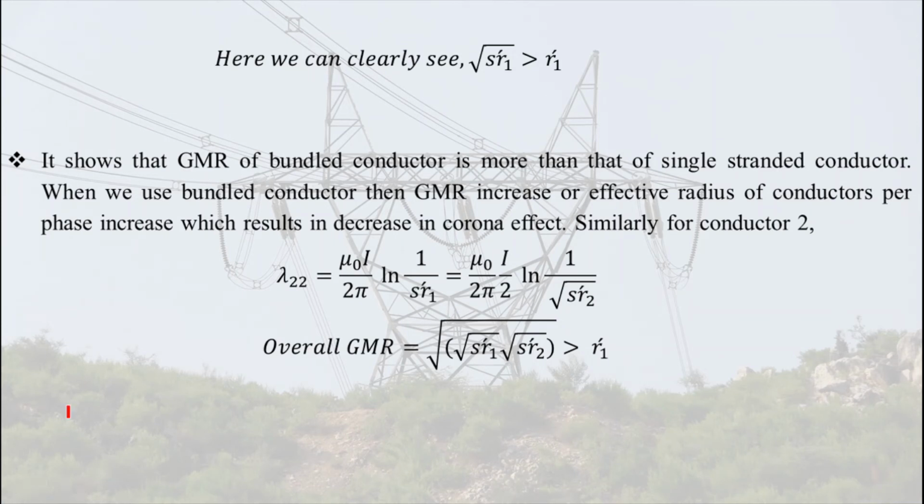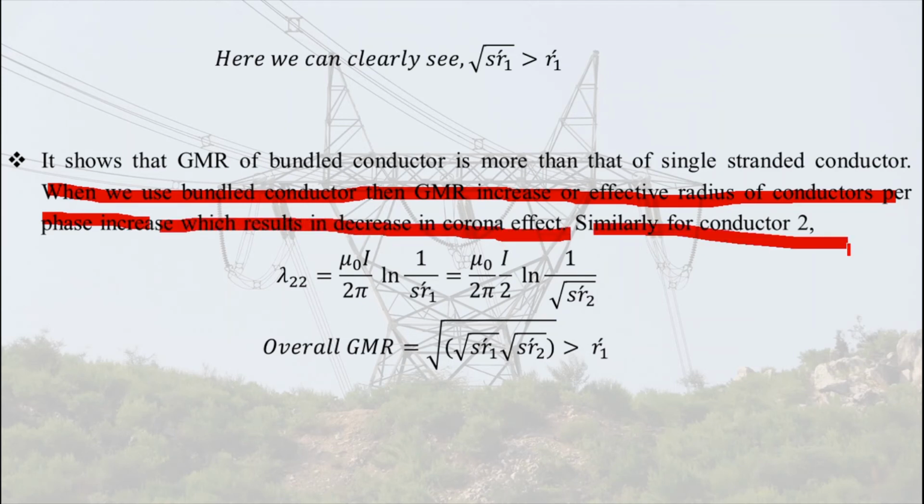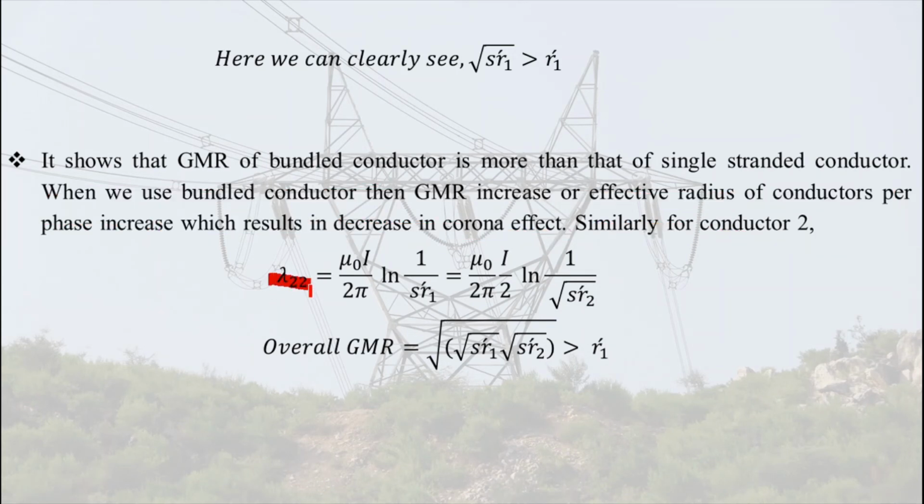When we use the bundled conductor, then GMR increases, or we can say that effective radius of conductor per phase increases, which results in decrease in corona effect. Similarly, for conductor 2 we can write flux linkage lambda A2 equals mu naught I upon 2 pi ln 1 by s r2 dash. So this is flux linkage of conductor 2.